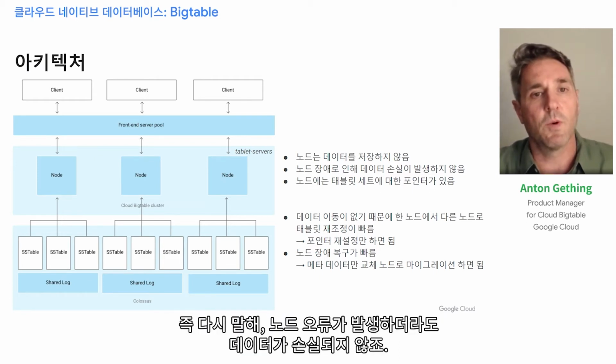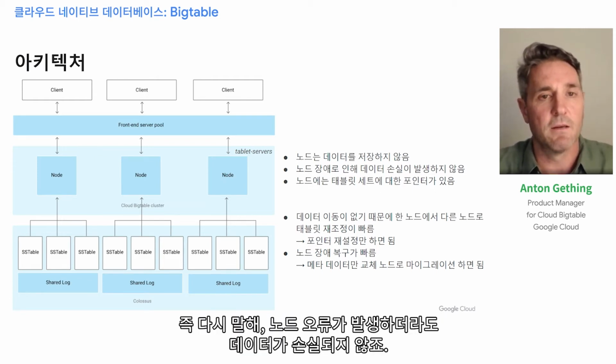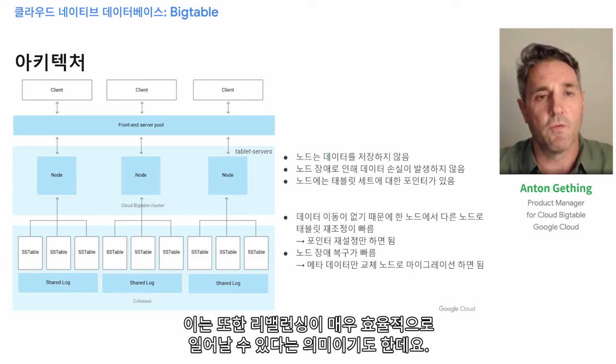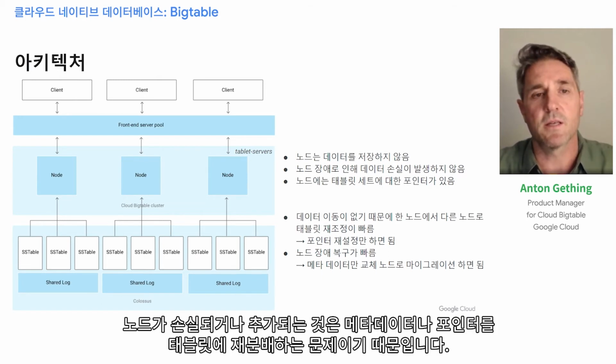And so what this means is that node failure does not result in data loss. It also means that rebalancing can happen very efficiently, since any time a node is lost or nodes are added, it is a matter of redistributing the metadata or the pointers to the tablets.